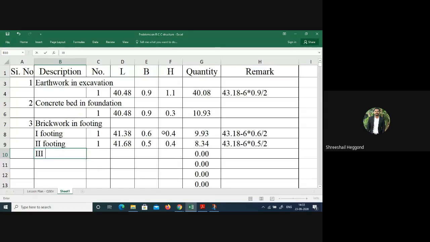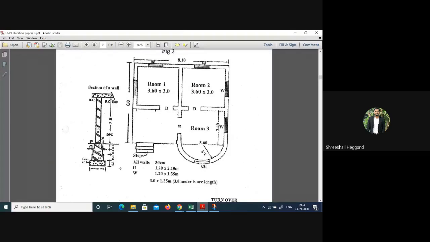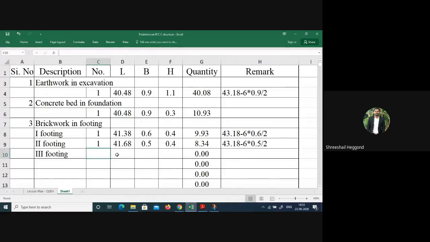Third footing. You can see in the cross section, third footing is separate and plinth is separate. Both are divided by the ground level line. The number will be 1.